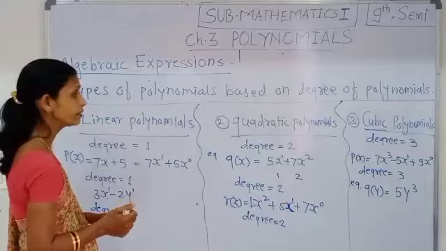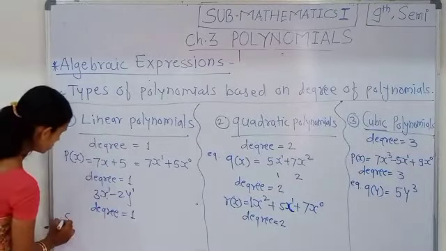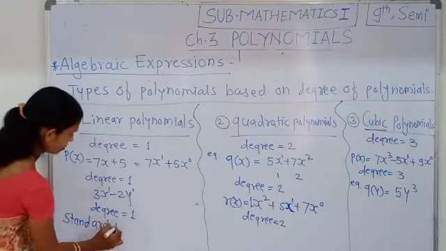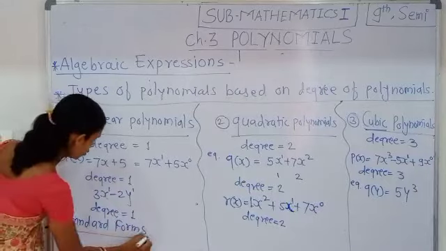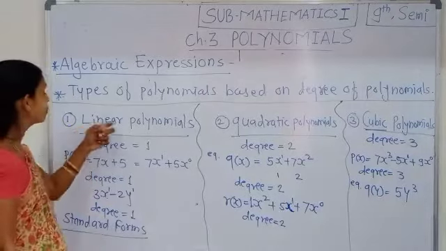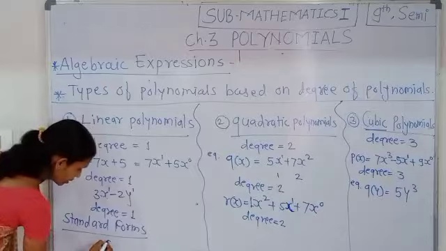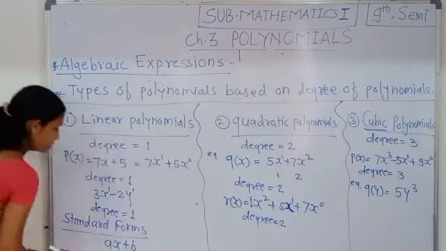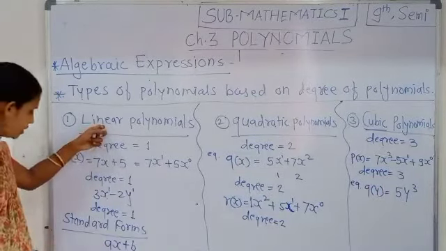we can write the standard forms of those polynomials. Then see here, what is the standard form of a linear polynomial? ax plus b is the standard form of a linear polynomial.